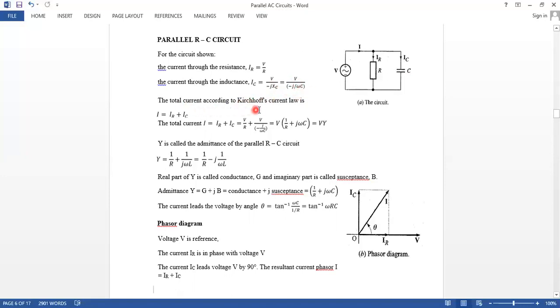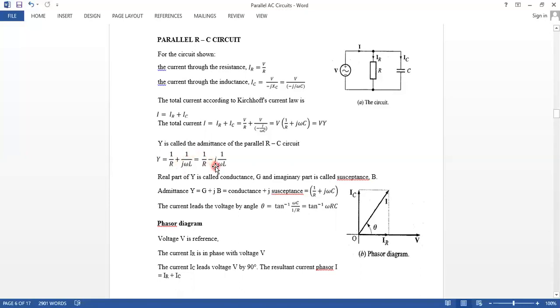So the total current according to Kirchhoff's current law is I is equal to IR plus IC. Substituting the values, it is V by R and V by minus J by omega C. We get V into Y again. So what is Y again? 1 by R plus 1 by J omega L. Now again, if we replace 1 over J by minus J square, then 1J and 1J in the numerator get cancelled.